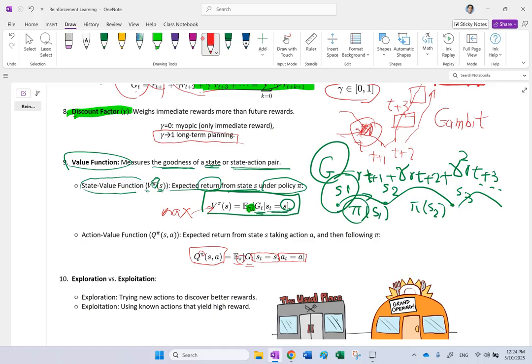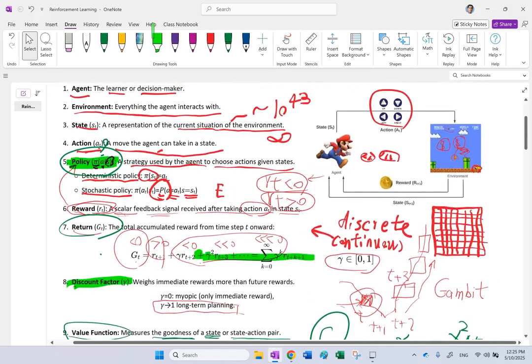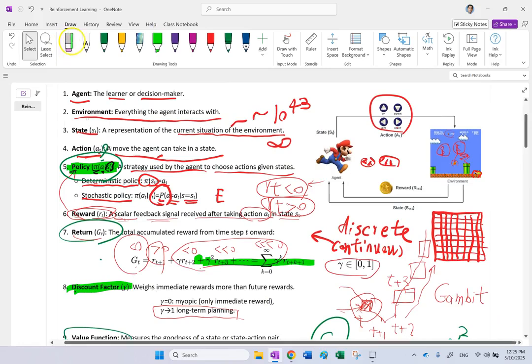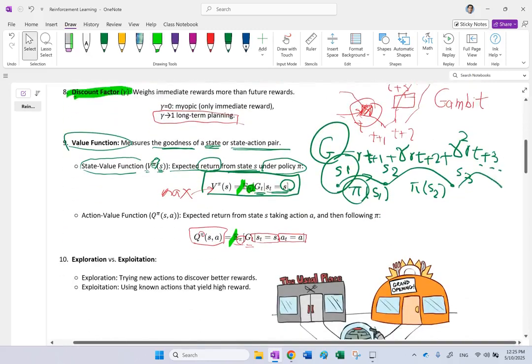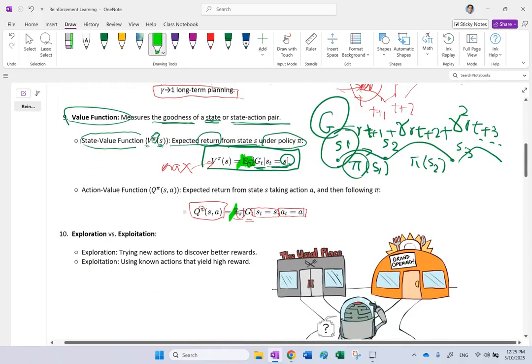Now you might say, what is the expected value doing? Remember, I said that most of the time your pi function is not a deterministic function, it's a stochastic function. In that case, in order to look at the average value, you look at expected value, and that is exactly what we are doing here.